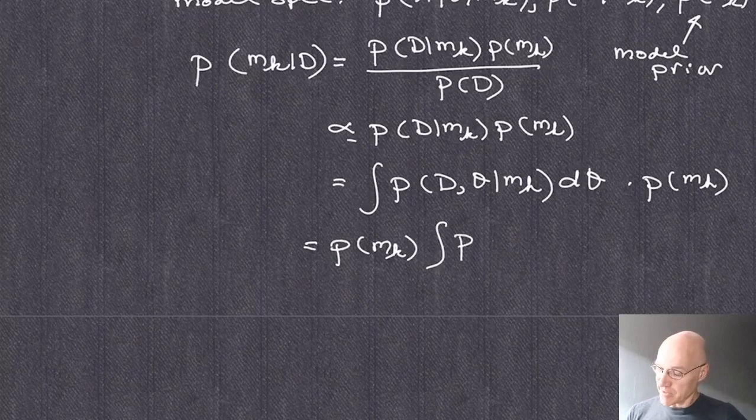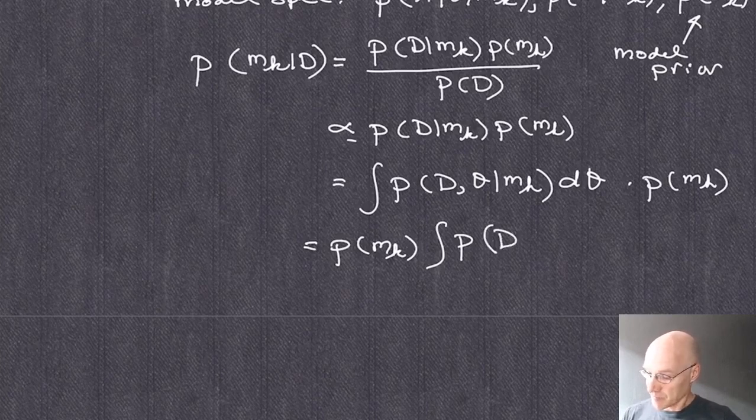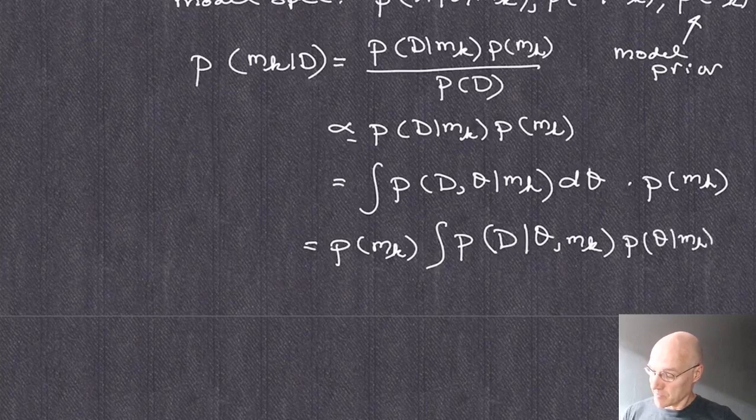I'm going to just break that apart by basically the product rule. So I'm going to get P of D given theta, mk, P of theta given mk, d theta.